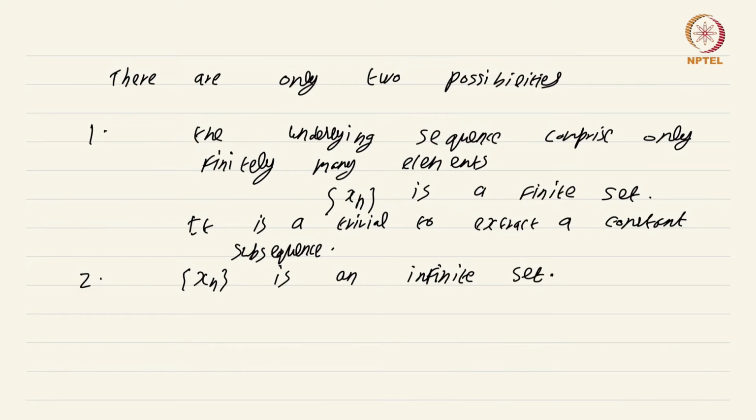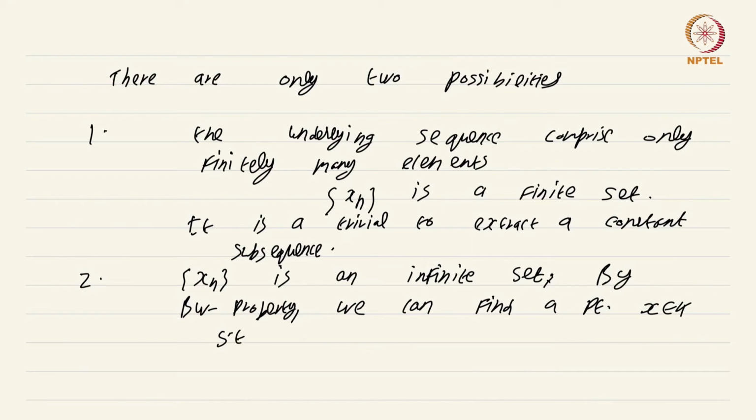And xn being an infinite set, immediately by the Bolzano Weierstrass property, we can find a point x in K such that x is a limit point of this set xn.